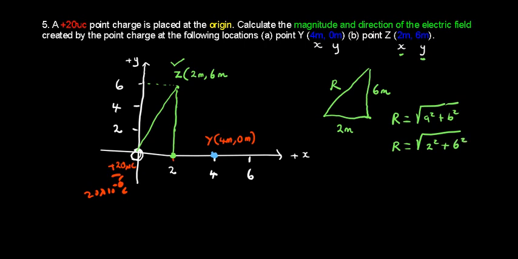So when you do that, R will be equal to the square root of 4 plus 36, which is the square root of 40.